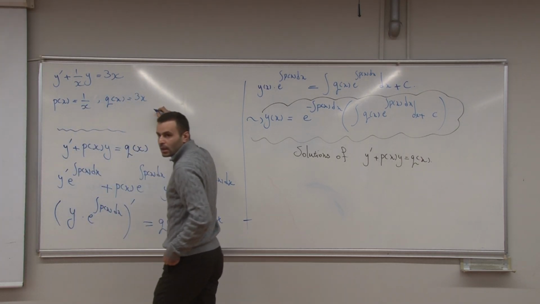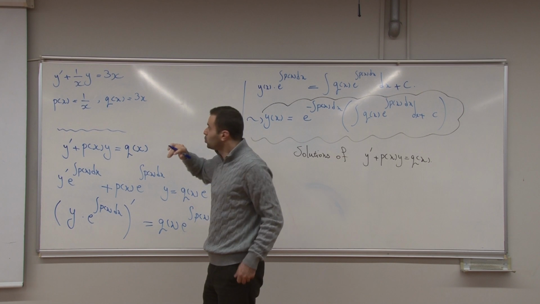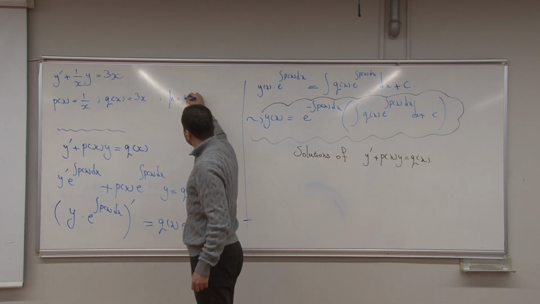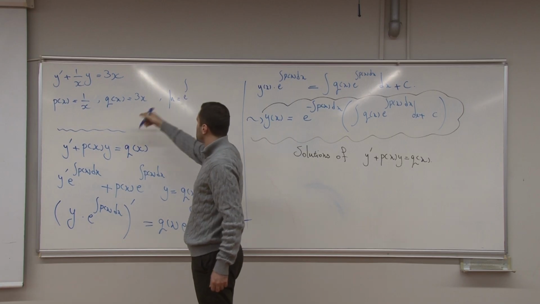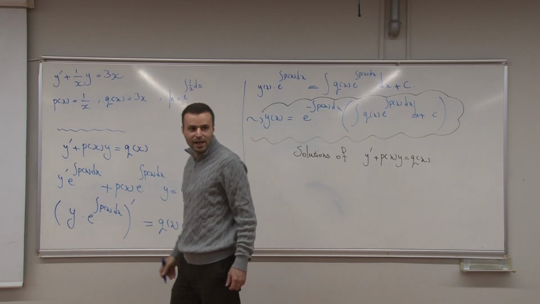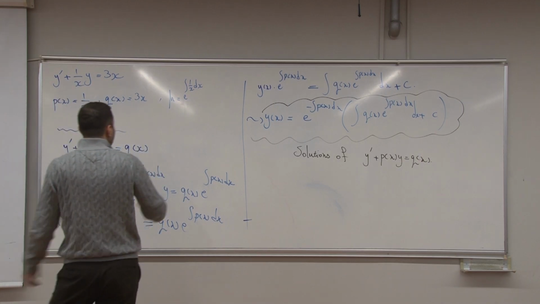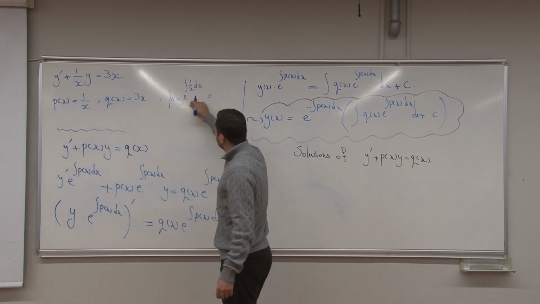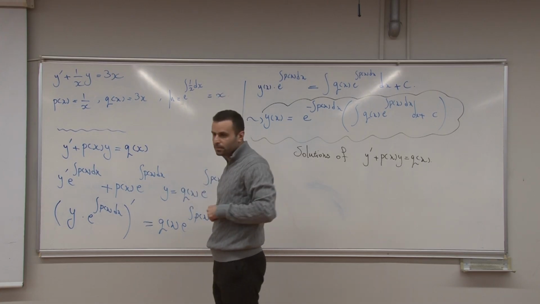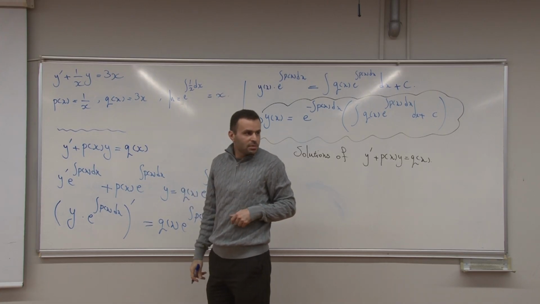What is our q of x? 3x, okay? With what are we going to multiply? We are going to multiply the equation with e to the power of the integral of px dx, which is 1 over x dx. And what is that? ln x. Yes, this is e to the power of ln of x, which is x. So what is the meaning of this?